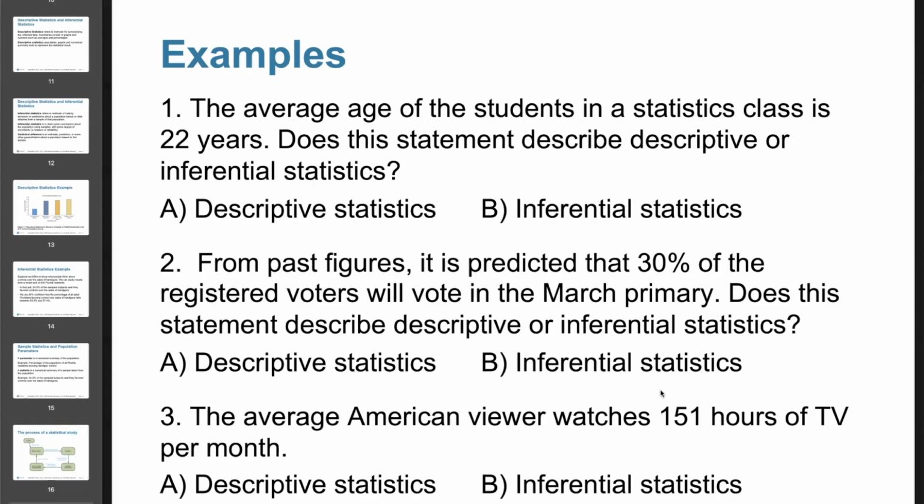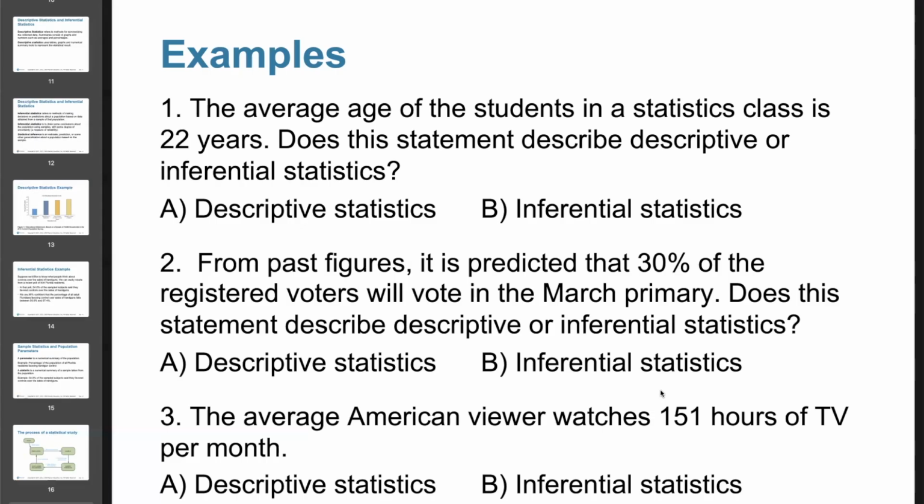Because we have the word predicted here, that means we are dealing with inferential statistics. Because if we return to inferential statistics, you will find that there are three words: predicted, making a decision, and conclusions. Three things, three words. So if you find these three words, that means you are dealing with inferential statistics.